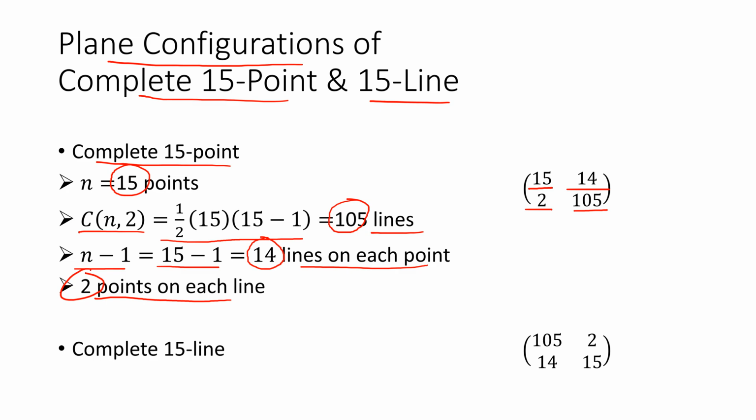And again, for the plane configuration of a complete 15 line, let's interchange the numbers in each diagonal. So we have 15 and 105. Therefore, we have 105 points and 15 lines. And then we have 14 and 2. So therefore, for the complete 15 line, we have 2 lines on each point and 14 points on each line.